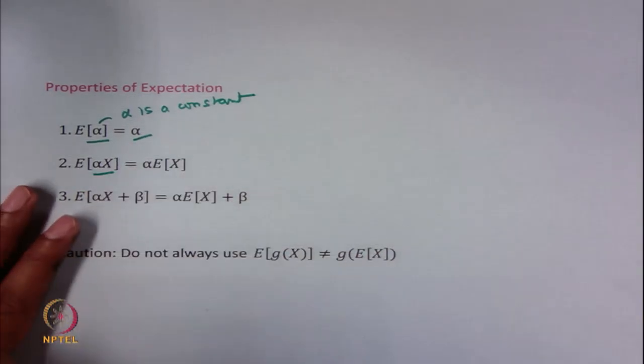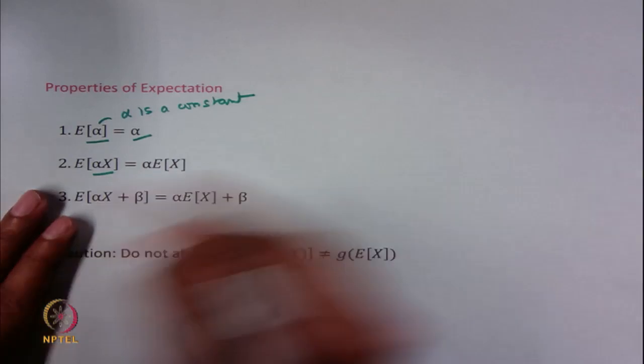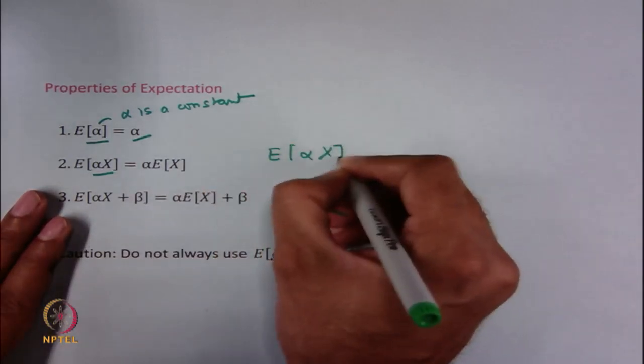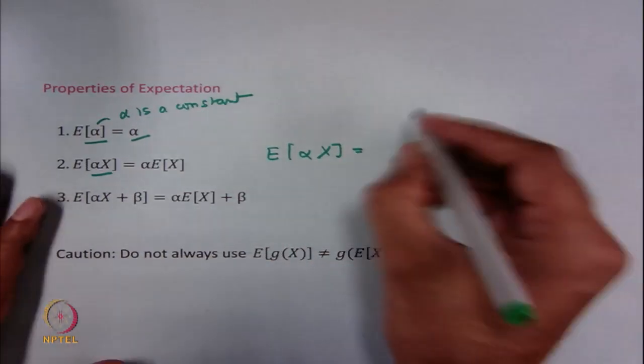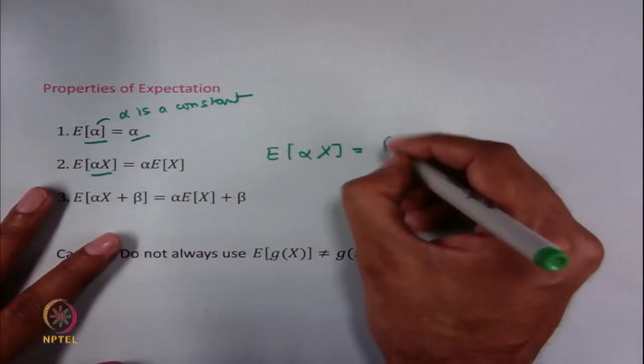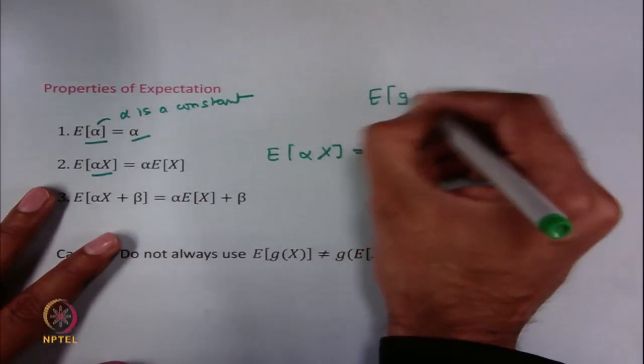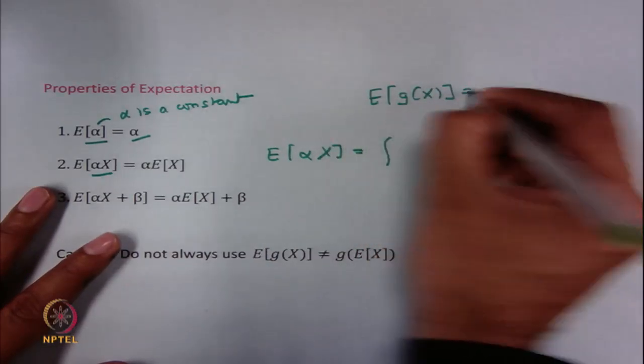Maybe the second one is more interesting. What is the expected value of alpha x? Just use this property which we derived.